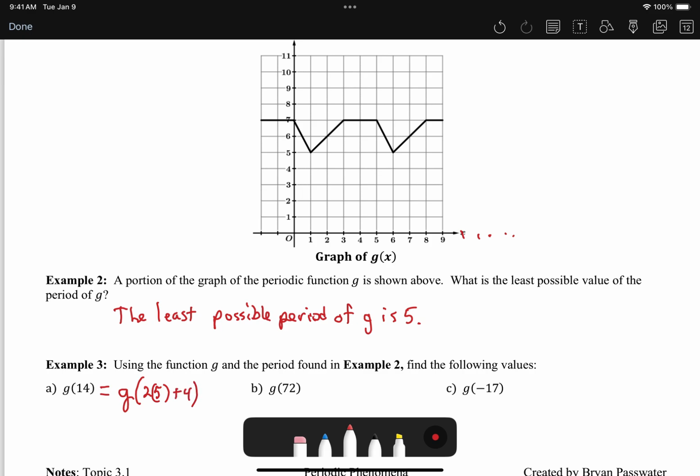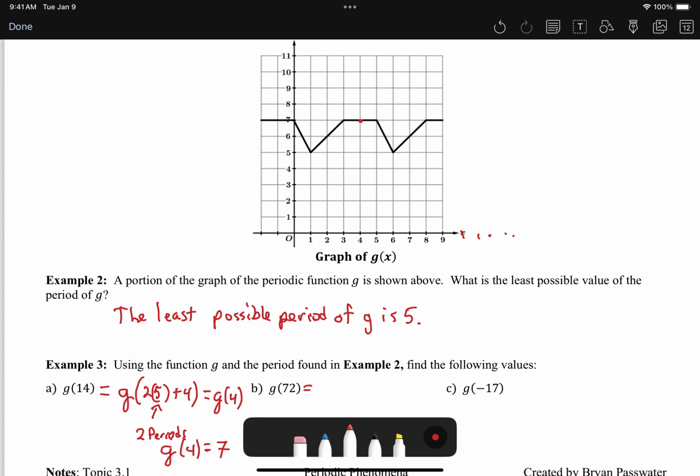Well, that would be 14. We know that this is 2 periods, right? So it's going to repeat starting at 4. So we can dismiss the 2 times 5 and look at g of 4, and g of 4 is 7. So g of 4 equals 7, which is also what g of 14 is.